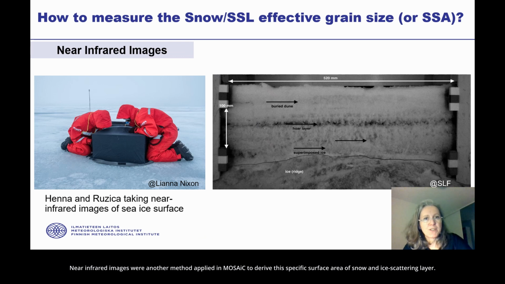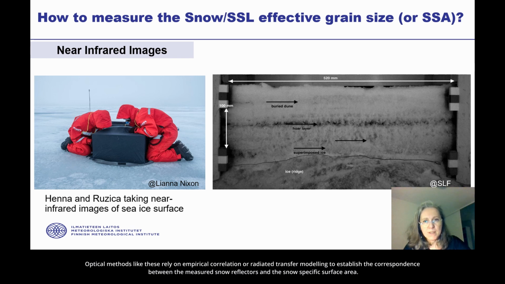Near-infrared images were another method applied in Mosaic to derive the specific surface area of snow and ice scattering layer. Optical methods like these rely on empirical correlation or radiative transfer modeling to establish the correspondence between the measured snow reflectance and the snow specific surface area.